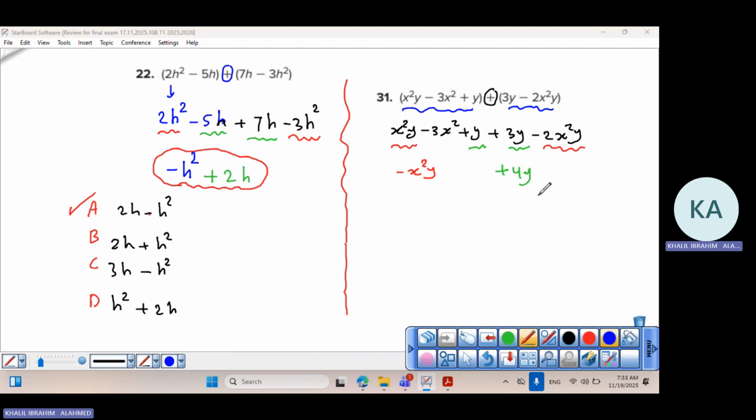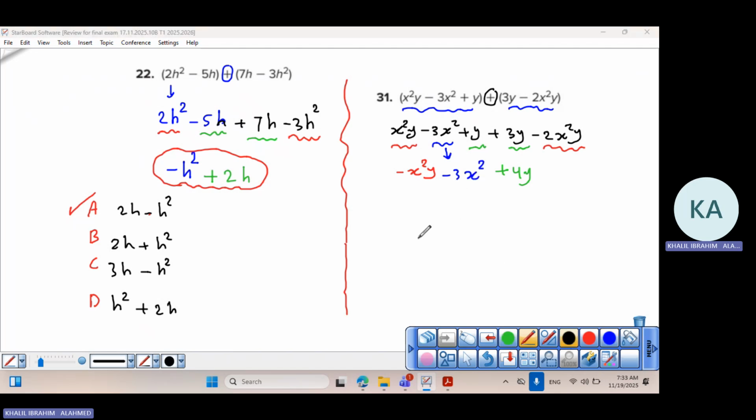And for this term, we don't have any similar term, so leave it as it is: negative 3x squared. This is the answer.